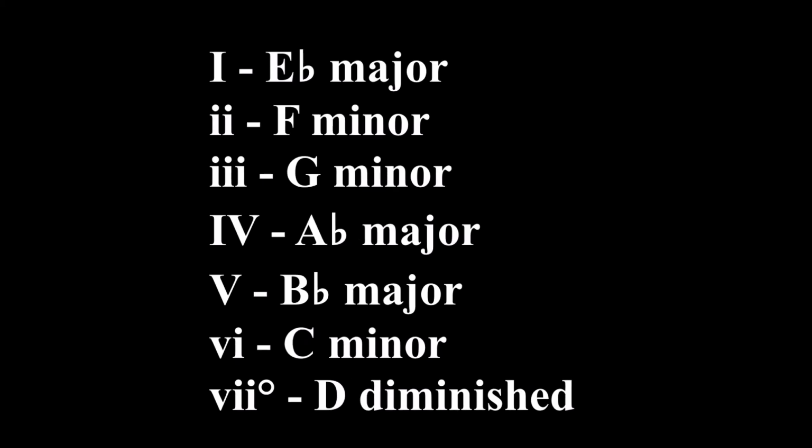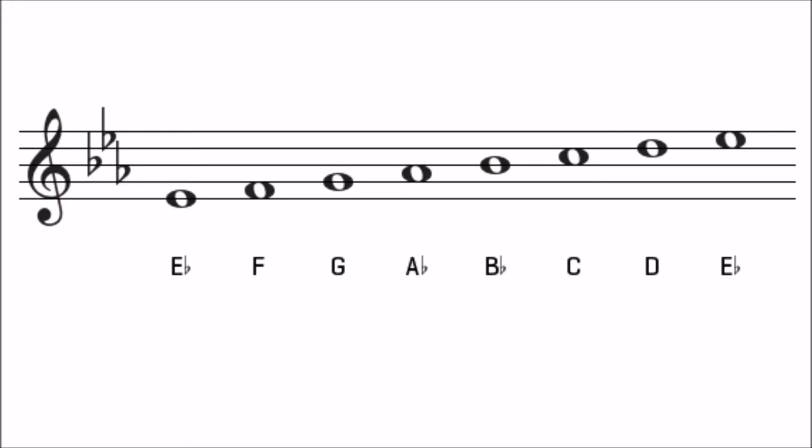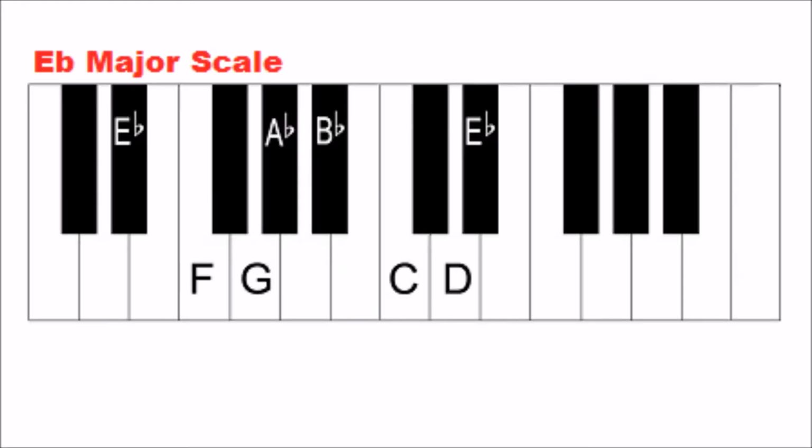The chords in the key of E flat major are E flat major, F minor, G minor, A flat major, B flat major, C minor, and D diminished. Every one of these chords makes use of the notes of the E flat major scale. When coming up with chords in a key, you may only include notes that are in that specific key.